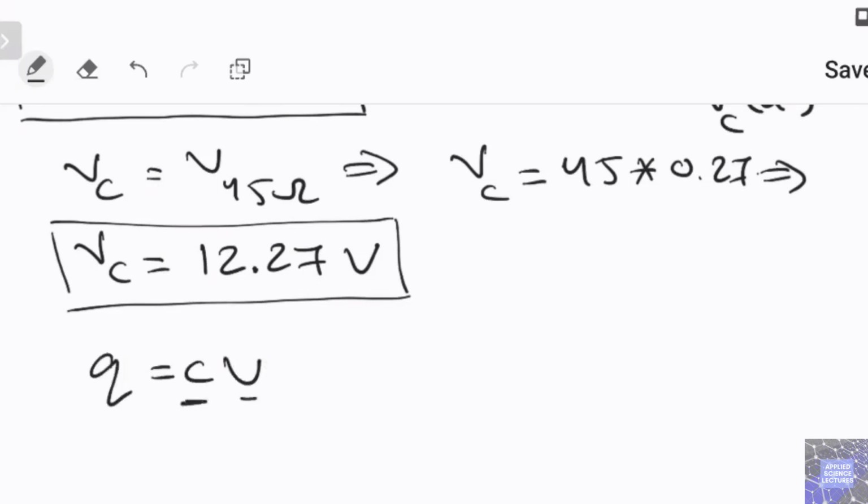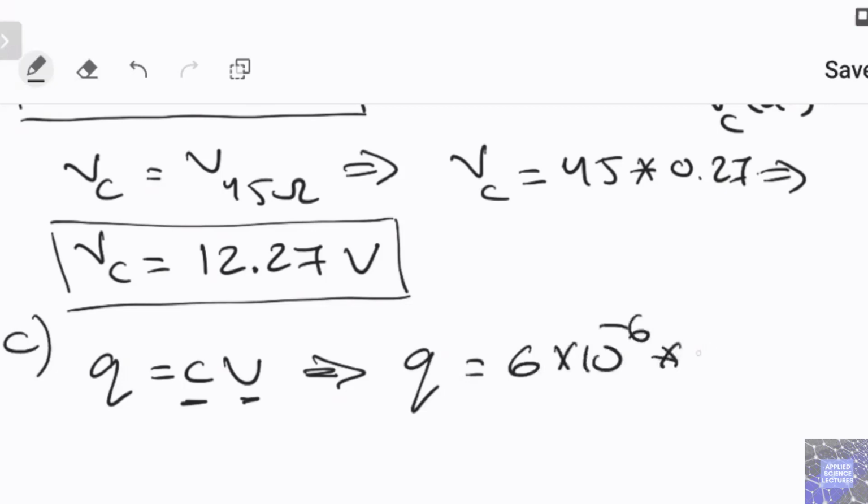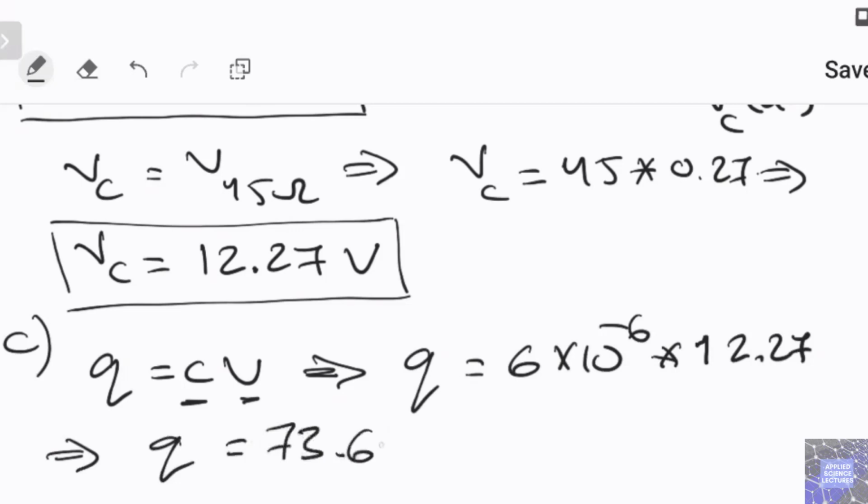I know C, I know V, and then I can calculate Q. So this is C, and Q equals 6 microfarad times 12.27. Q equals 73.64 times 10 to the power minus 6 coulombs.